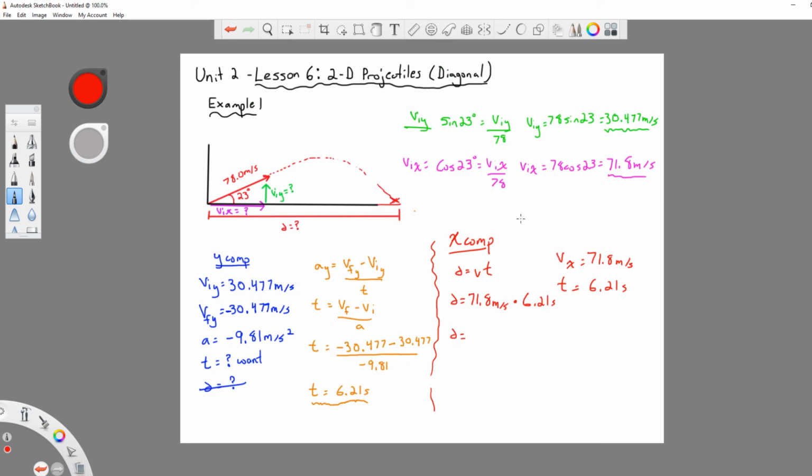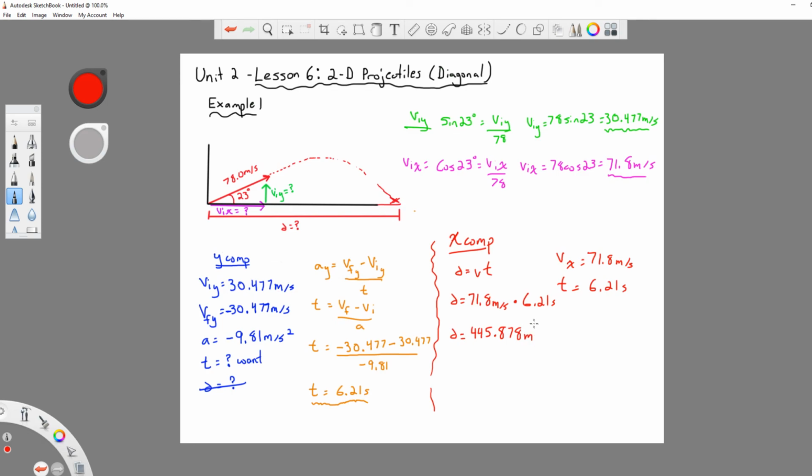Displacement works out here to, I didn't actually work that one out myself, so let me punch it in. 71.8 times 6.21 comes out to 445.878 meters.